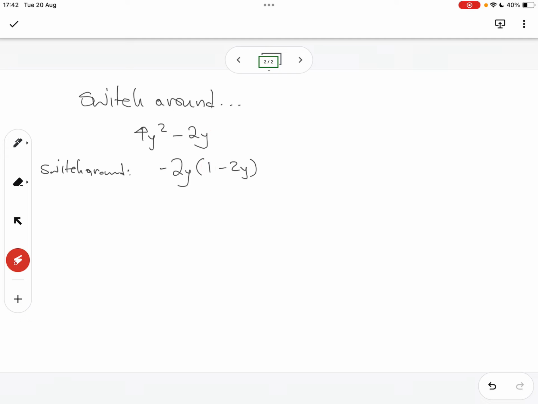Okay. Can you see how? Yeah. Because we took out negative 2y. So when we take out negative 2y, we have to multiply it by 1 to get negative 2y. So because we took out negative 2y, it switches this one and brings it to the front, and then it switches that one to a negative.